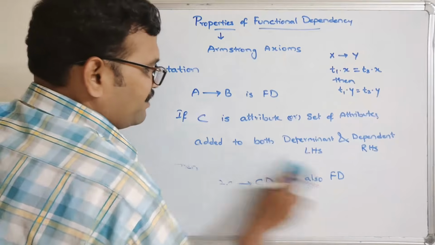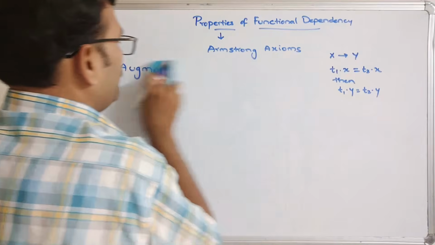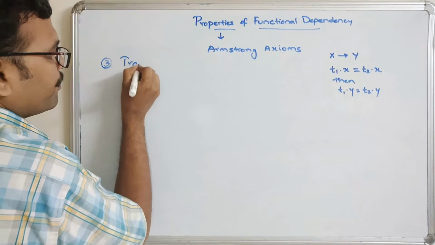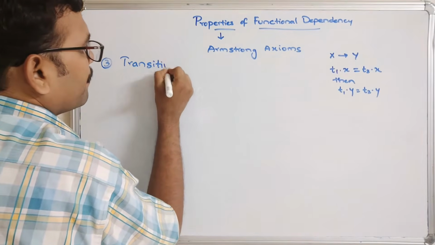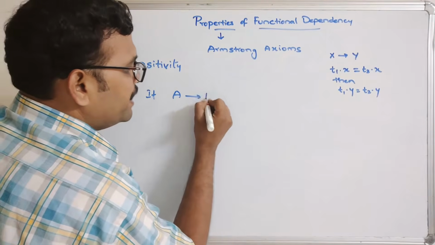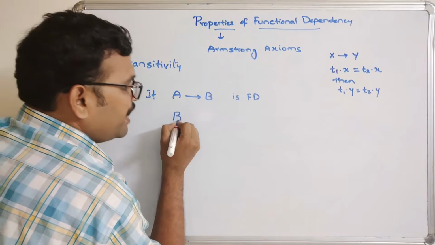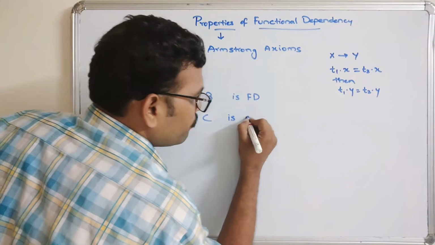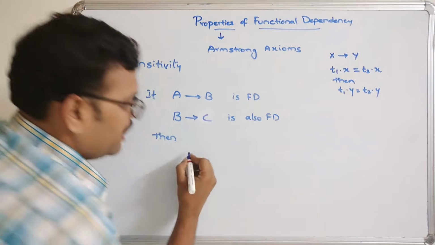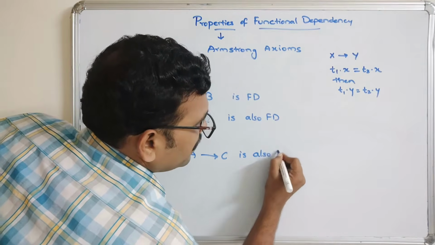The third one is transitivity. So if A tends to B is functionally dependent and B tends to C is also functionally dependent, then the transitivity rule says that A tends to C is also functionally dependent.